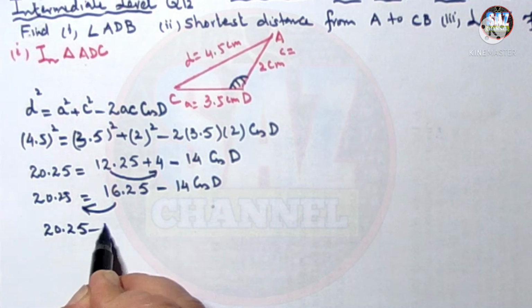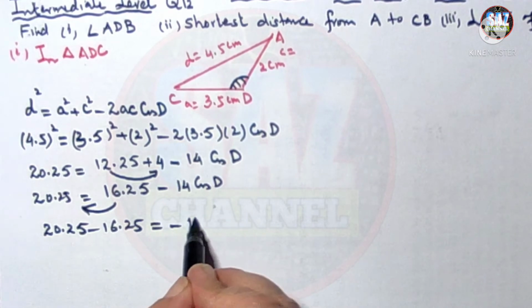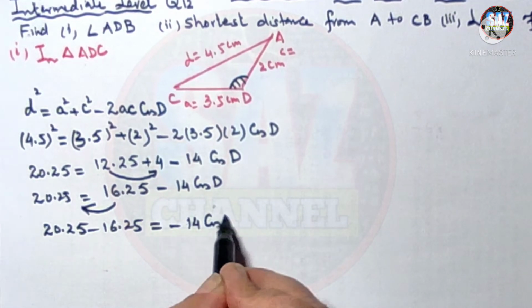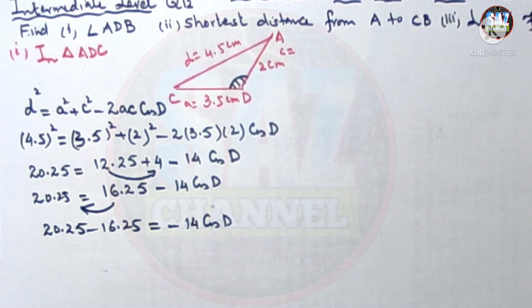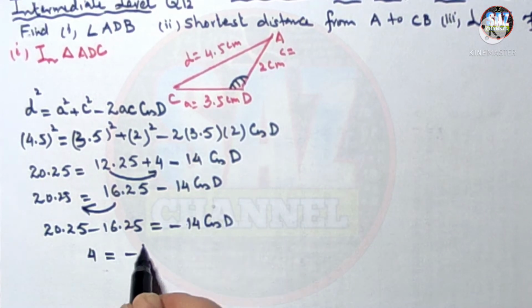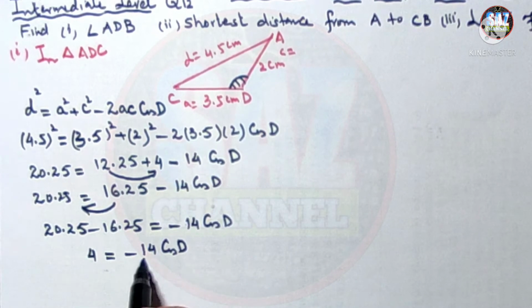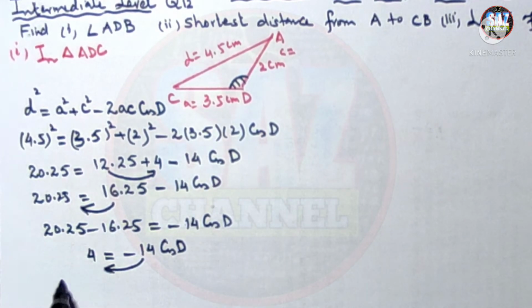20.25 minus 16.25 equals minus 14 cos D. Okay, 20.25 minus 16.25 gives me 4 with positive sign equals minus 14 cos D, and then I have to shift this 14 to the other side.